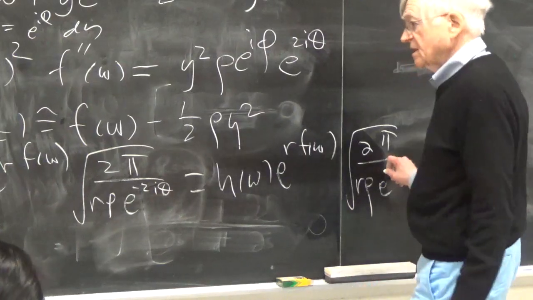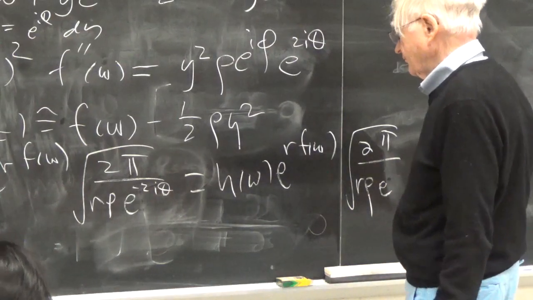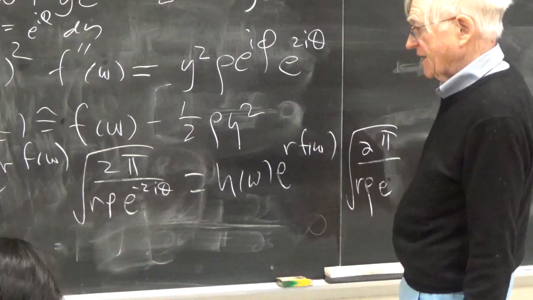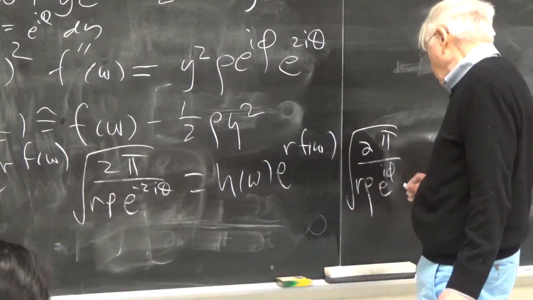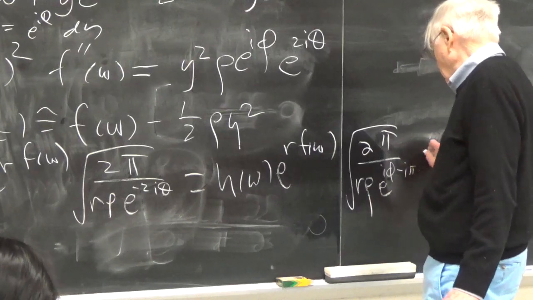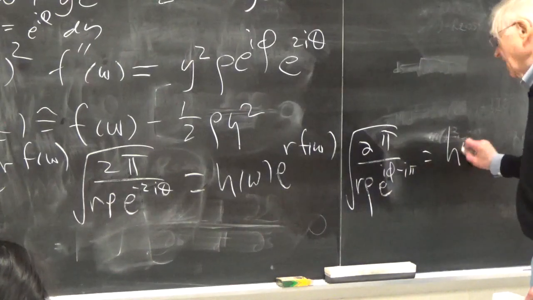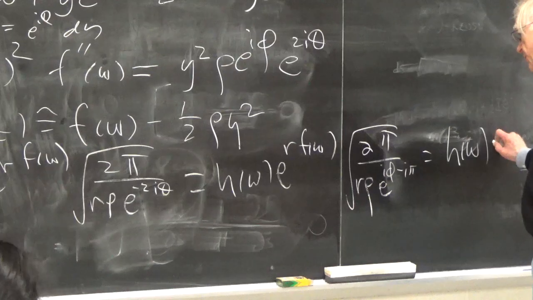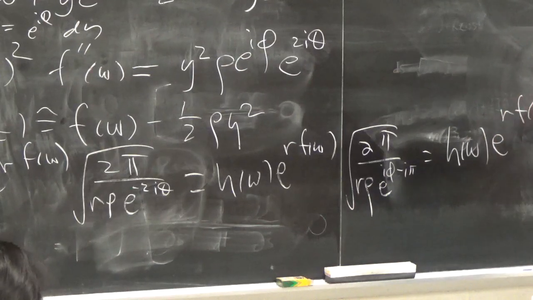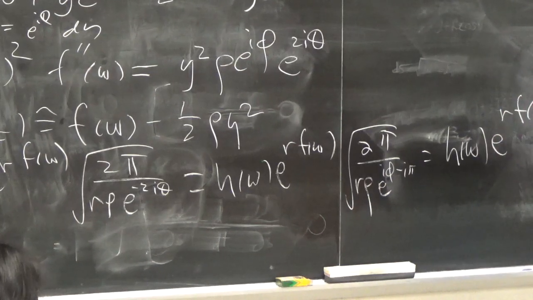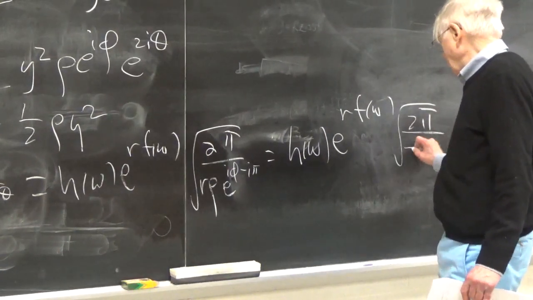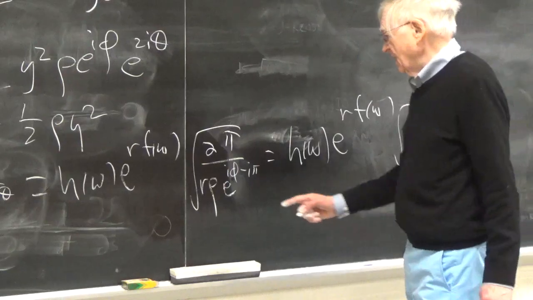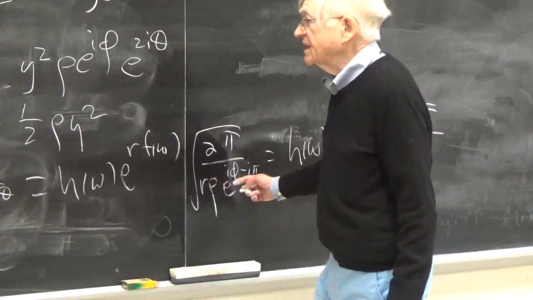So e to the minus... e to the i phi minus i pi, and so this is h of w, e to the r f of w, square root of 2 pi over minus r rho, and then we have the e to the i phi.